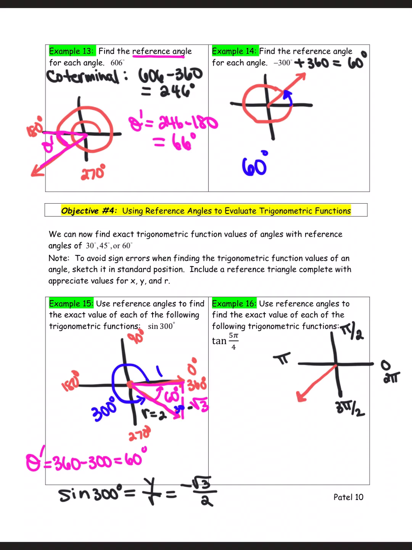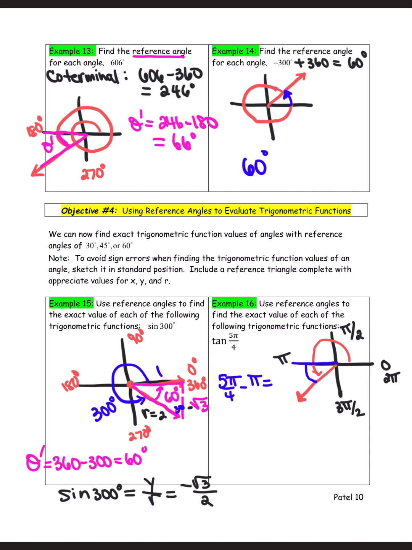So once again, we're going to use the terminal side and the x-axis. We're looking for this angle right here. And to do that, we have 5 pi over 4 minus pi, or you can say 225 minus 180.